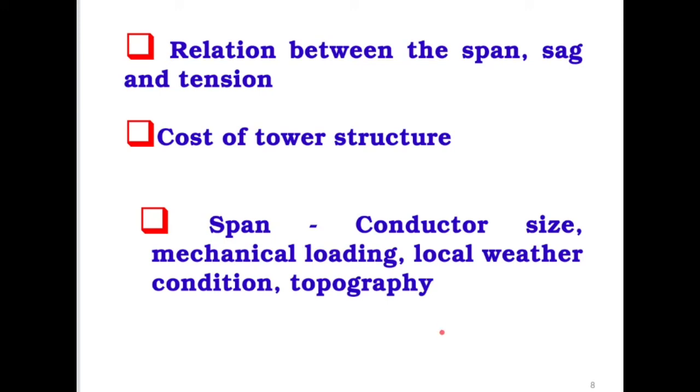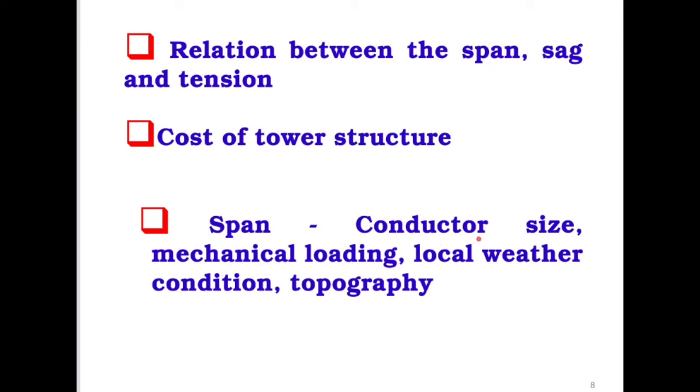Mechanical load comes either from the weight of the conductor, or from wind blowing over the surface of the conductor, or ice getting deposited on the surface of the conductor. And local weather conditions also affect how the span should be, and the topography, meaning if the tower structures are on the same land or on unequal levels.